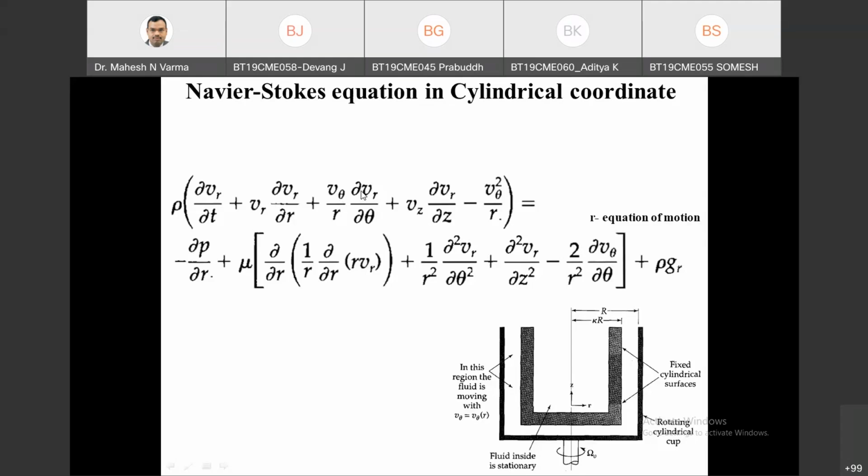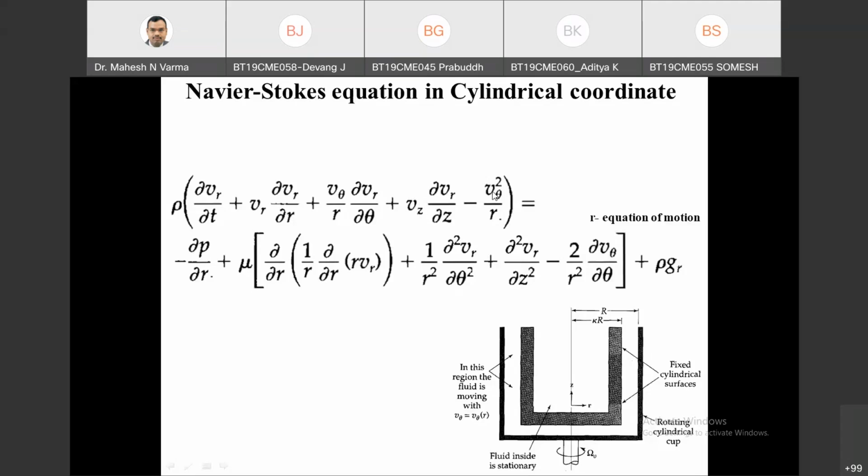Sir, it will be 0. Why? Sir, symmetricity. VR equals to 0, no? VR is 0. So why do you need to consider symmetric and non-symmetric if something is 0? Sorry, sir. I was confused. VR is 0. What about this one? It will be 0, sir, because VZ is 0. And VZ is 0. Okay.